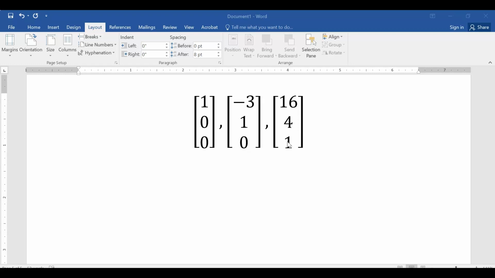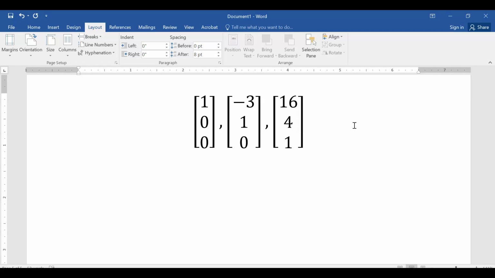I want you to notice that if I formed a set of these three vectors, they would be linearly independent. In fact, because I have three of them, they would form a basis for R3.